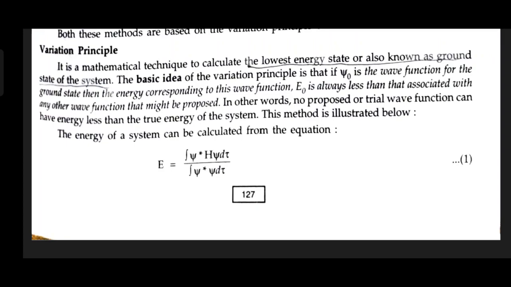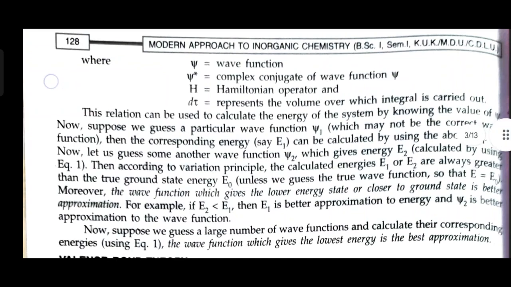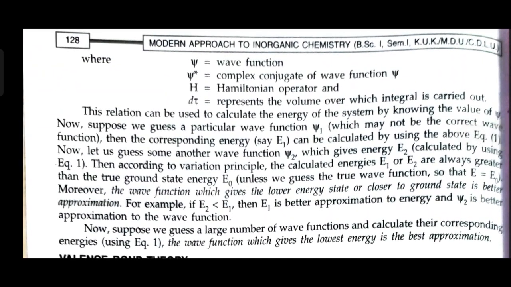The energy of a system can be calculated from the equation E equals integral psi star H psi d tau divided by integral psi star psi d tau, where psi equals wave function, psi star equals complex conjugate of wave function psi, H equals Hamiltonian operator, and d tau represents the volume over which the integral is carried out. This relation can be used to calculate the energy of the system by knowing the value of psi.